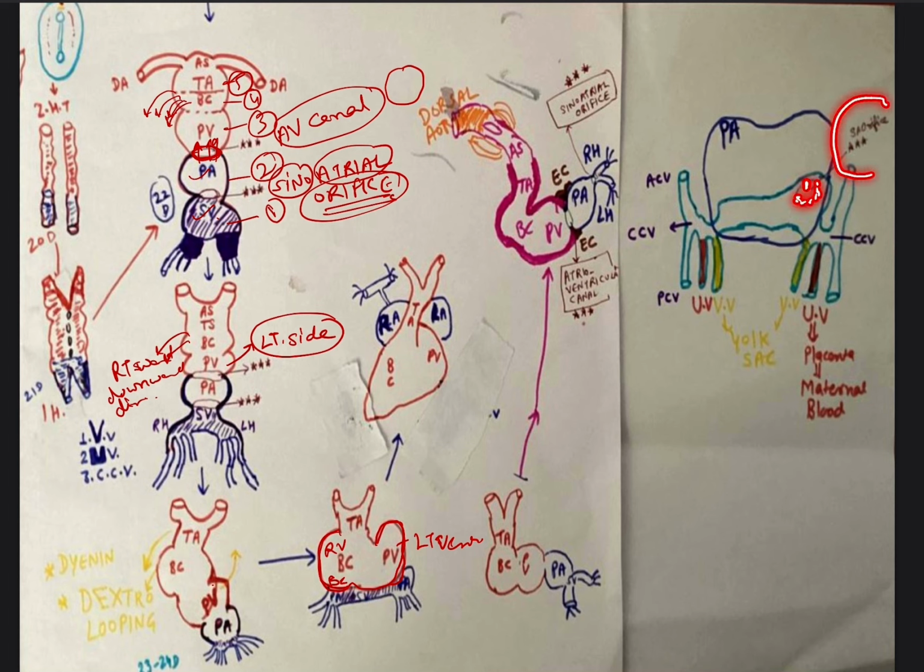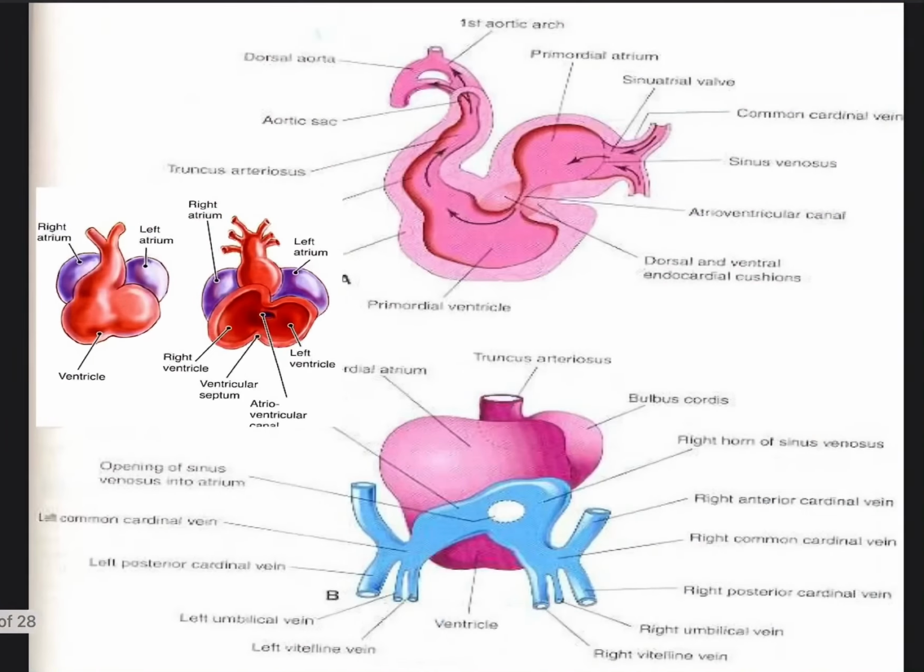This is a very important opening, which is known as the sinoatrial orifice. It means this sinus venosus is opening into the primitive atrium through this opening, the sinoatrial orifice. Okay, friends, shall we move ahead?